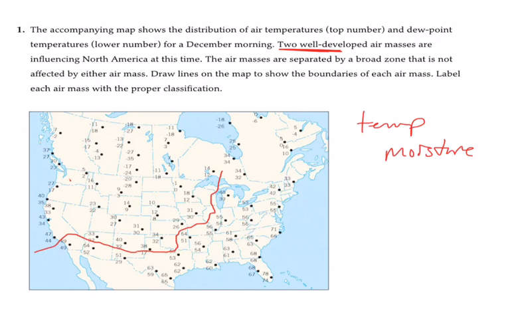So for instance, let's pick on this location, is that Indiana? Okay. So 55, 54. The current temperature is 55, the dew point temperature is 54. Is that very humid? Probably some fog developing on that.